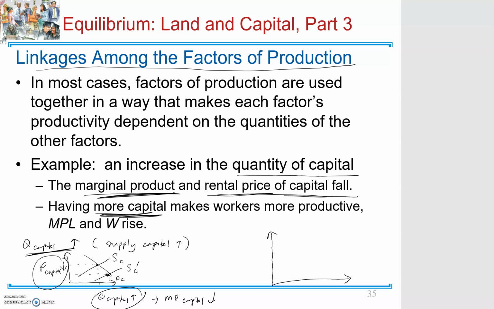So when we have more capital, it will make workers more productive. So when workers are more productive, MPL increases. When MPL increases, what happens to wage? Wage also will increase. So here we actually show the interdependence between capital and also labor.